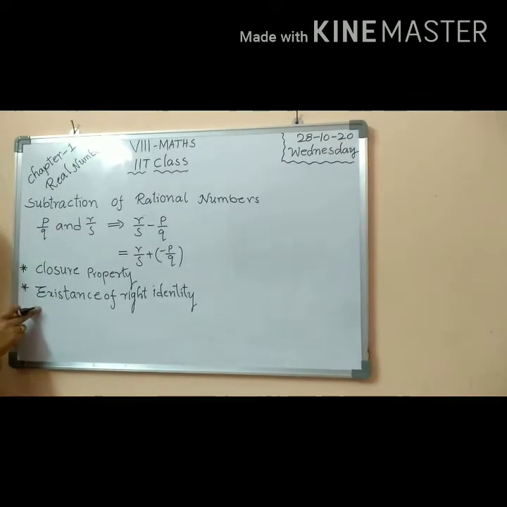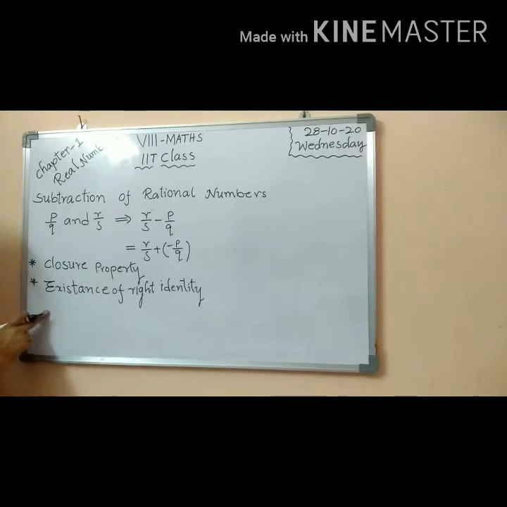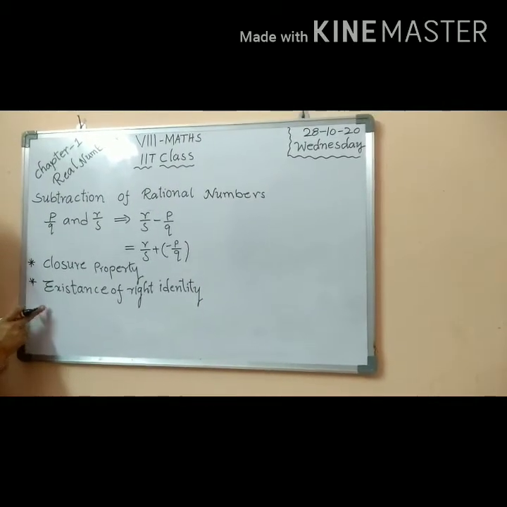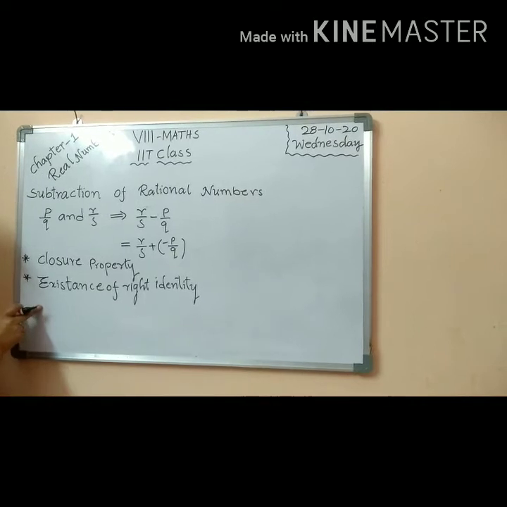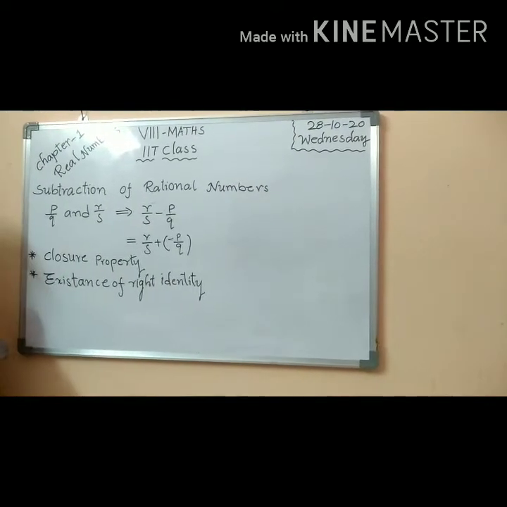Only these two properties exist under subtraction of rational numbers. The remaining ones, commutative, associative and distributive law, do not exist for subtraction of rational numbers.